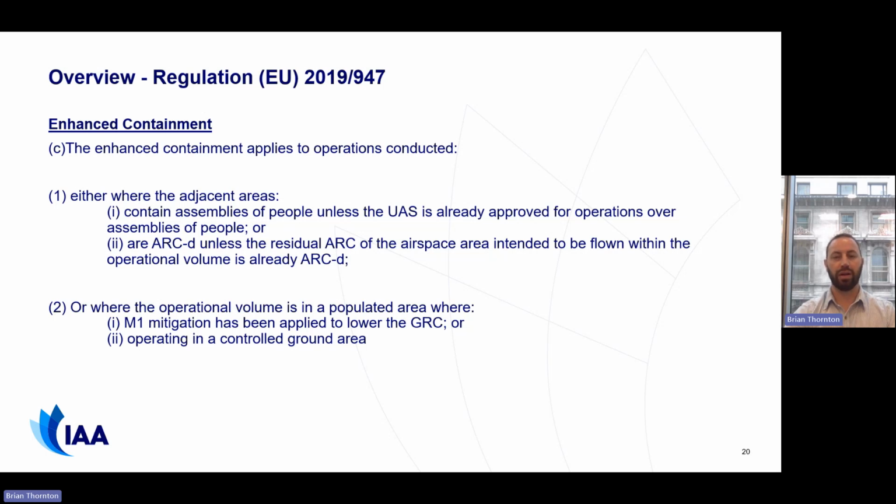If you recall, I alluded to M1 mitigation, which could be applied to step 3 of SORA. So we can see the connection between step 3 of SORA and the adjacent airspace, step 9 of SORA, and how it's linked to enhanced containment and the means of compliance as published by IAA in MOC 2511.